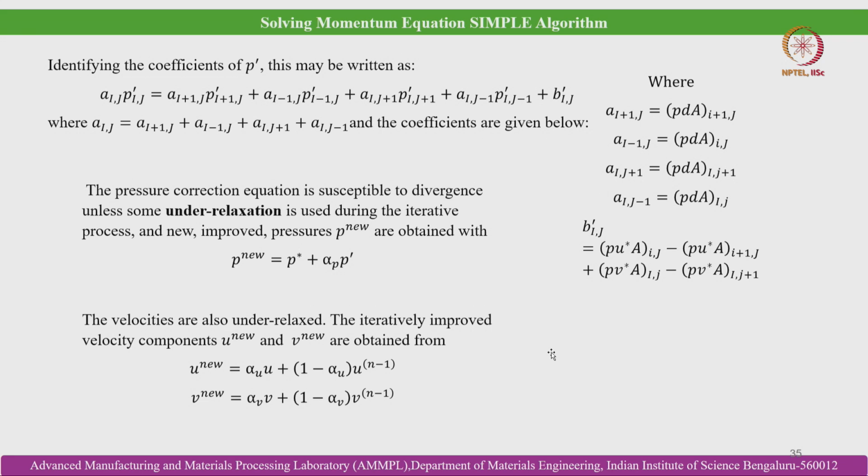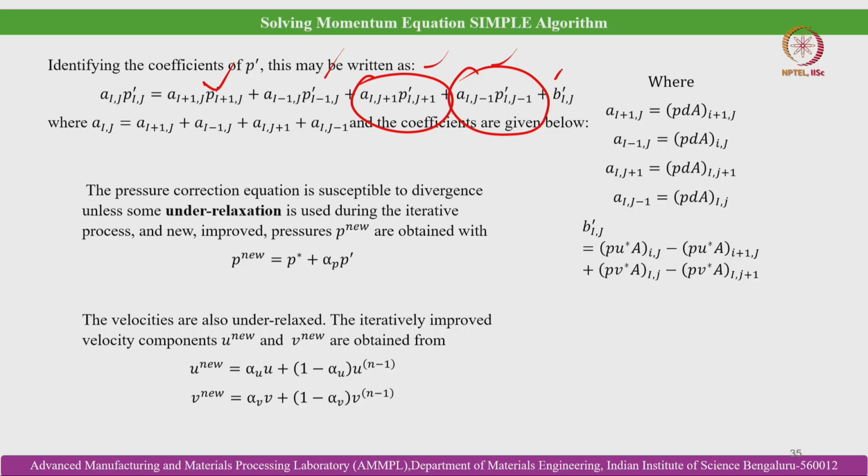So, that term is missing here, P prime I J plus 1. No, it is available here. So, it is there and then plus a I J minus 1 multiplied by P prime I J minus 1. Yeah. So, then there should be basically 1, 2, 3, 4 and 5 terms.